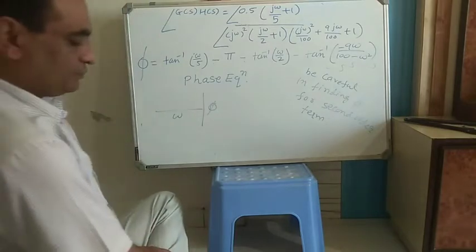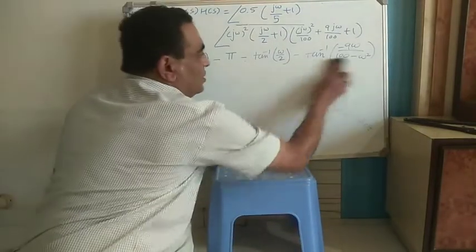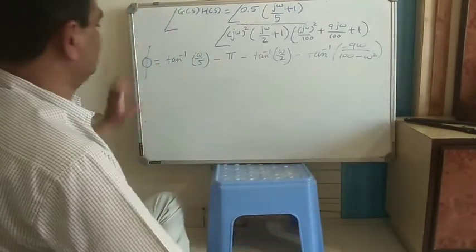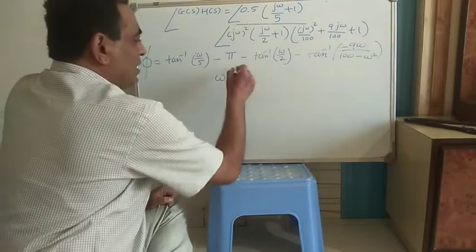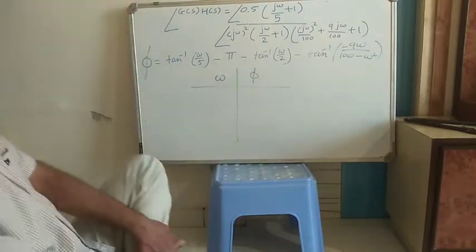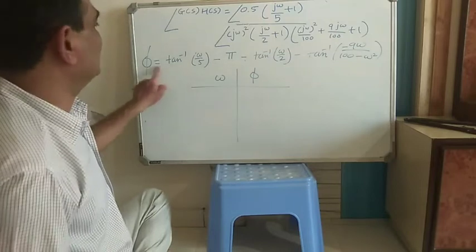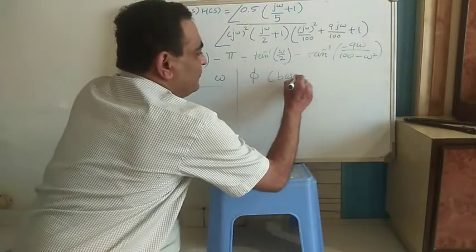Okay. All right. So now once you have the phase equation, you need to prepare a table of omega and phi. You select omega and calculate phi based on this phase equation.